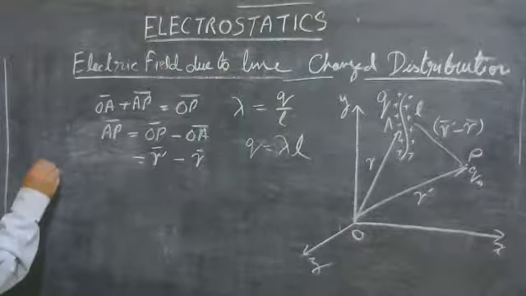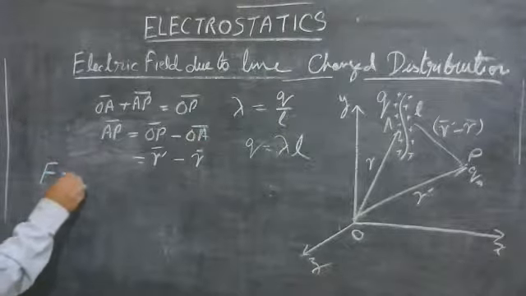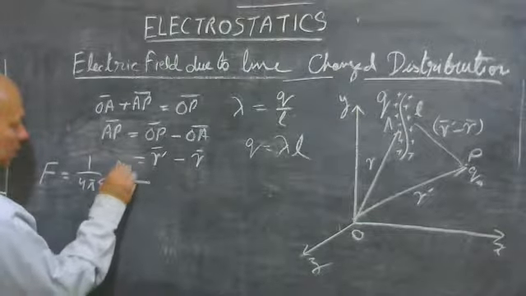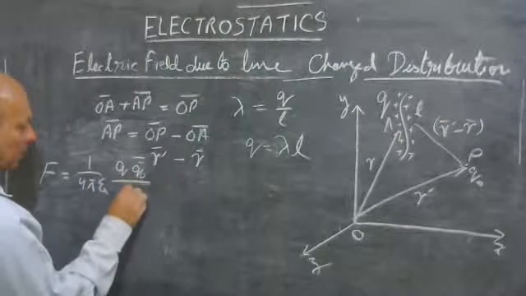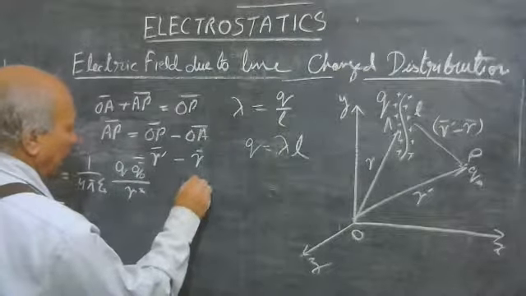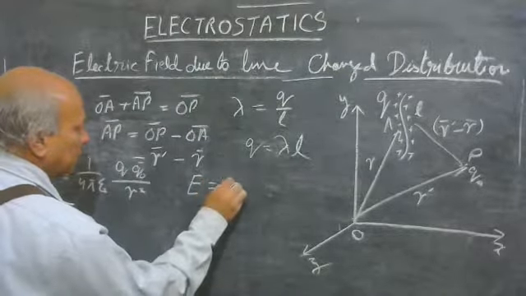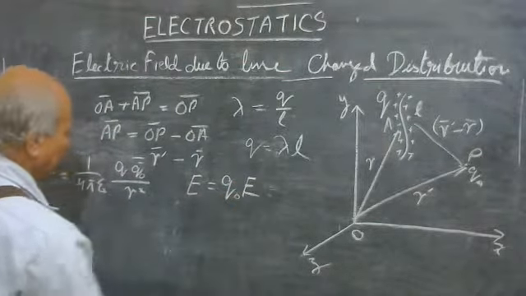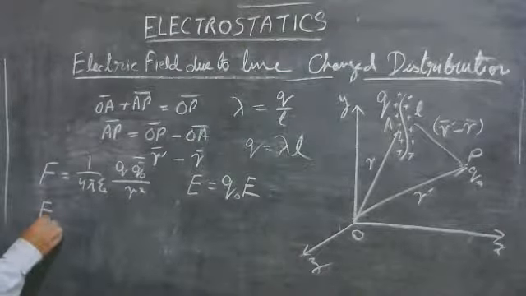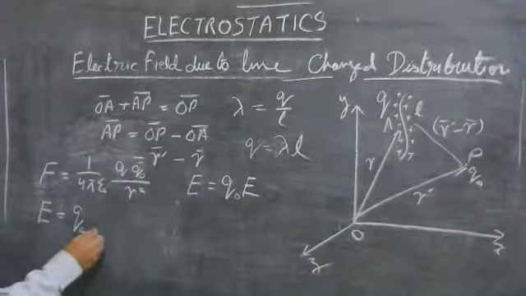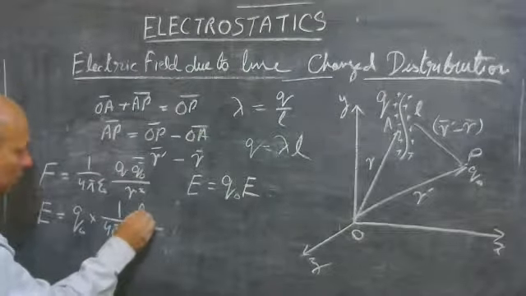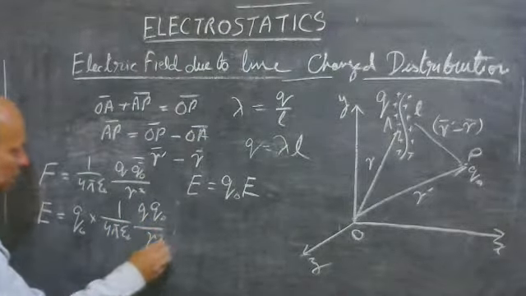Now electric field, first we take force is equal to 1 upon 4 pi epsilon naught Q into Q naught upon R square, and electric field E is equal to Q naught into E. Electric field E is equal to force per Q naught, 1 upon 4 pi epsilon naught Q into Q naught upon R square.